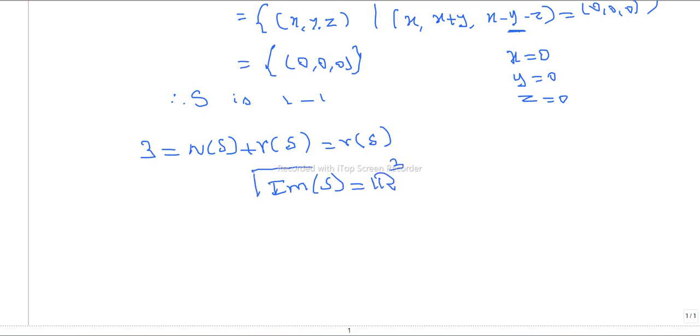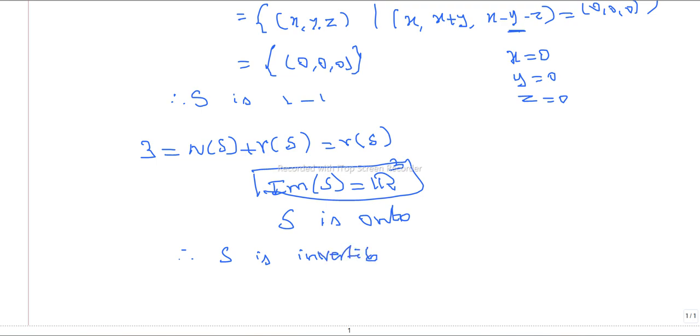So we conclude that S is onto. Since S is one-one and onto, S is a bijection, that is, invertible. A linear map is invertible if it is both one-one and onto.